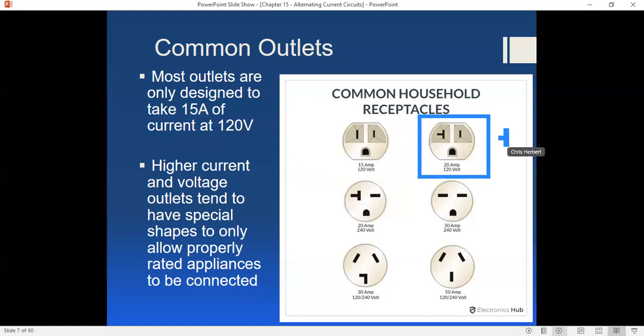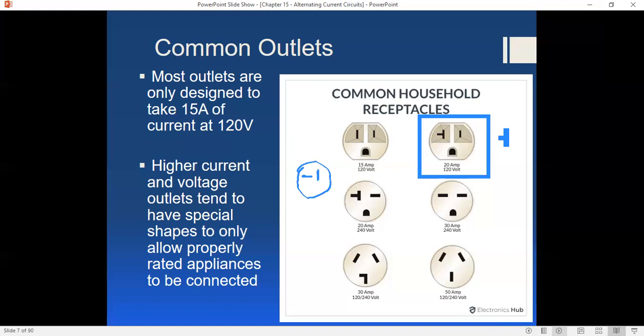The reason for this is it will accept normally shaped plugs, but it will also accept plugs which have a horizontal and vertical prong.